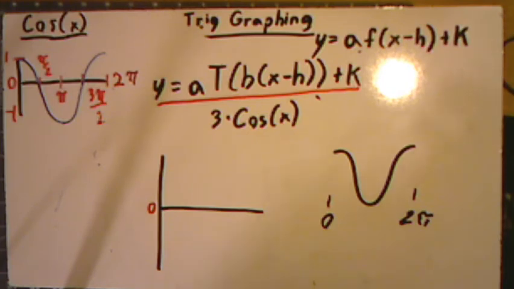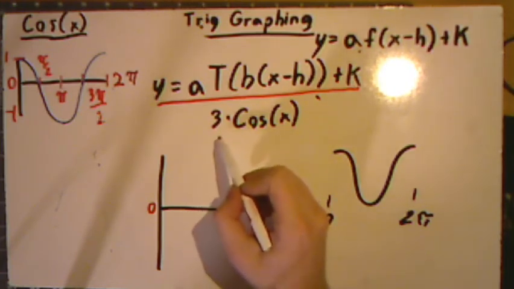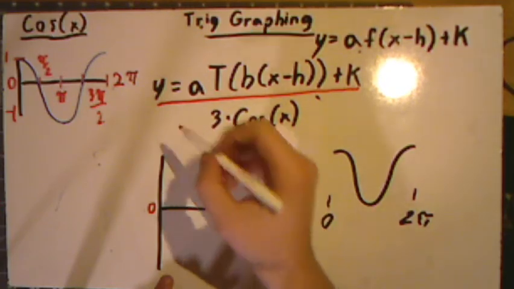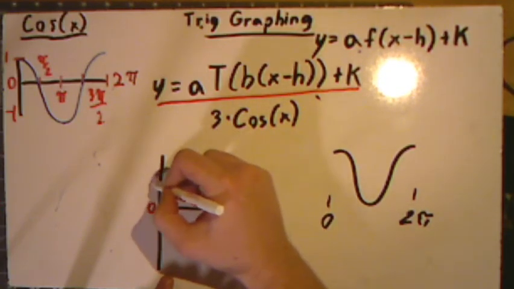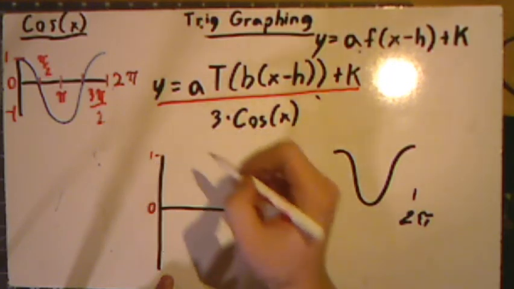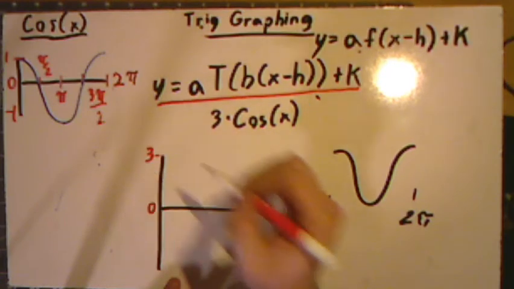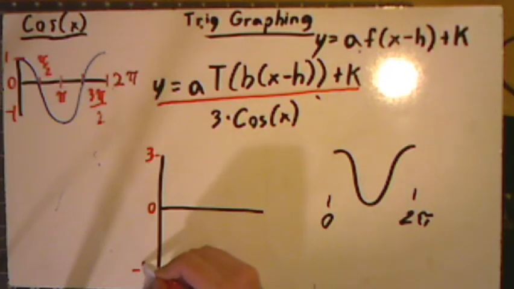But instead, that 3 becomes our maximum point. So here, where normally we would start at 1 at the very top, this actually now becomes 3, and our minimum point becomes -3.